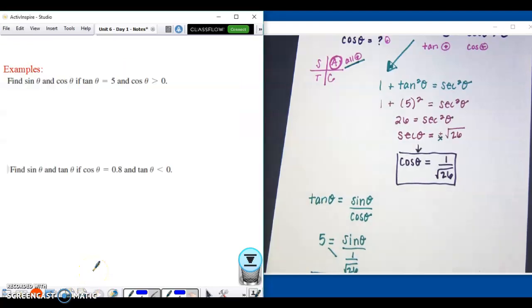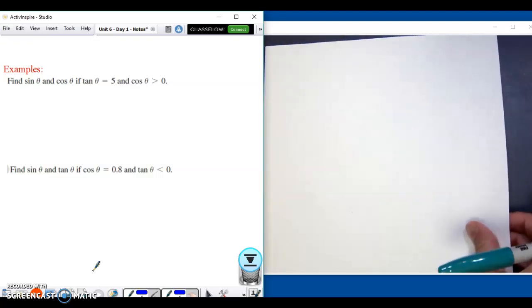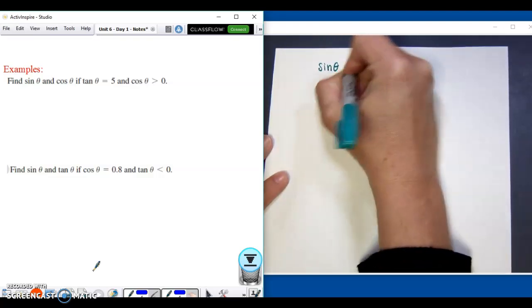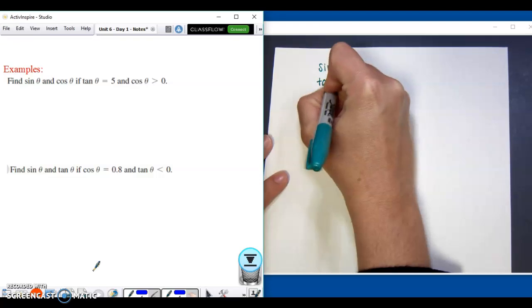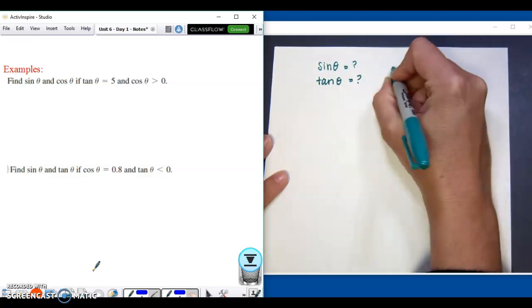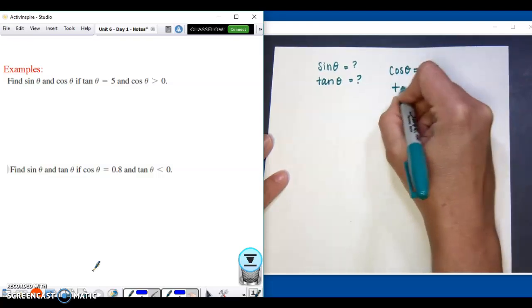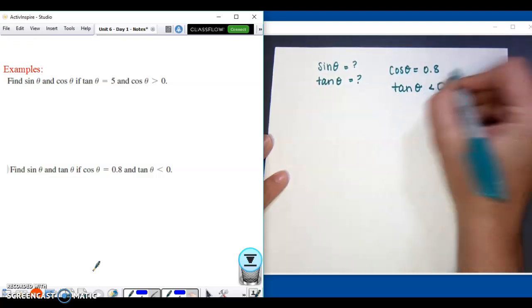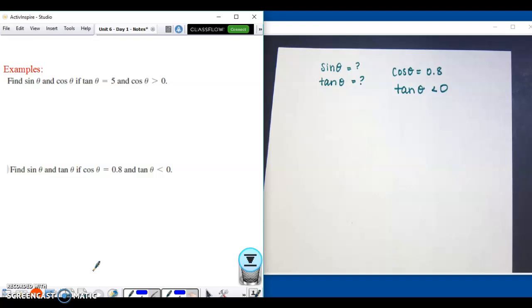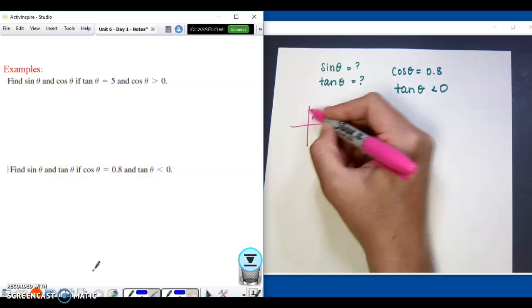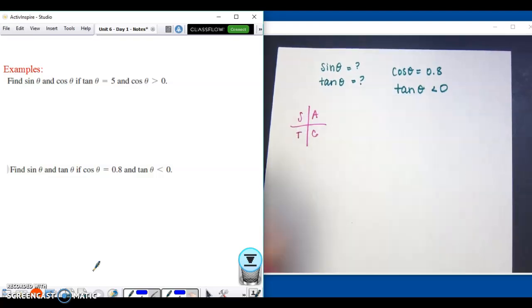And then for our last problem in this type, we want to find sine and tangent. It tells us cosine theta is 0.8, and it tells us that tangent theta is less than 0. So I'm going to figure out my signs first. So it's all students take calculus.